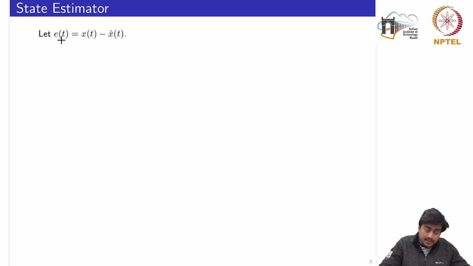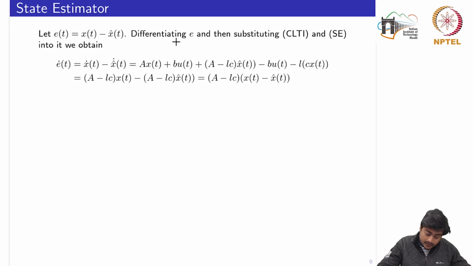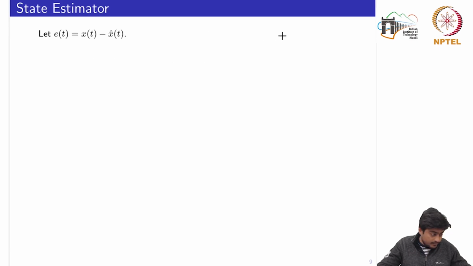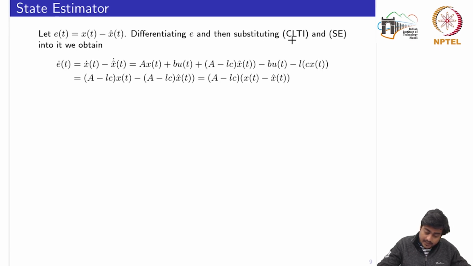Again, we will introduce this error signal as the difference between the actual state and the estimated state. Using the same procedure, I will differentiate e and then substitute the plant equation and the estimator equation into this, and finally obtain x dot minus x hat dot.